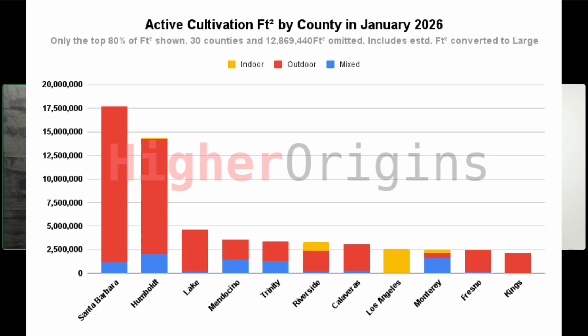Santa Barbara is 17,500,000 square feet, give or take, and Humboldt is around, I want to say, 14.5. So it's not terribly off. Basically 2 million in the balance, which a couple of big farms in Santa Barbara going under could change.